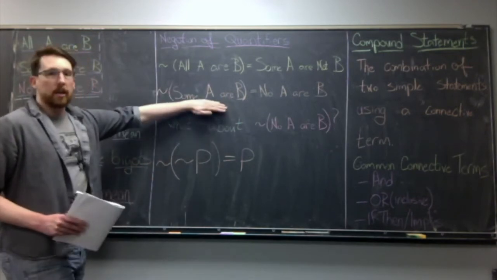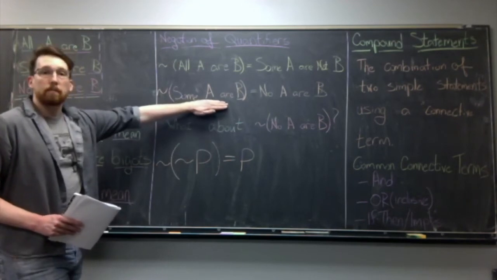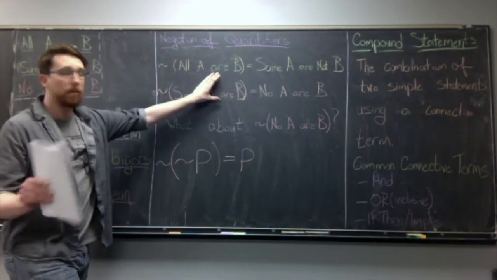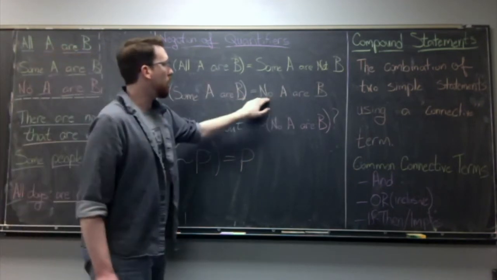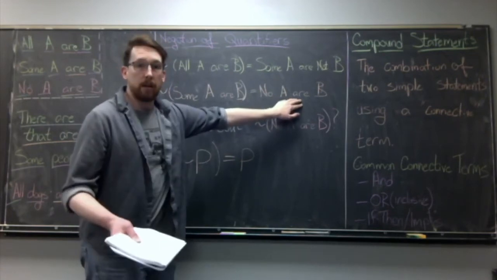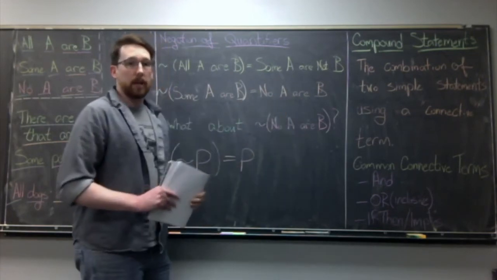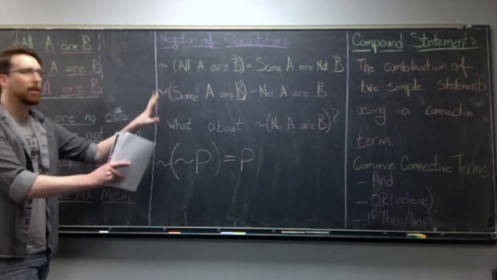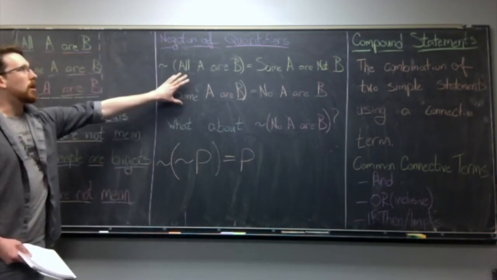So what I'm saying is the statement P is just "some A or B." Negate it once, and we end up at "no A or B." Negate it again, we end up back at our original statement. So this is the general gist of negating quantifiers.